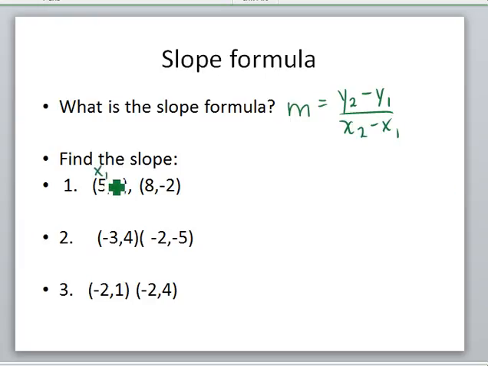So we're going to do x1, y1, and x2, y2. These are always ordered pairs, x comma y, x comma y. But I just denote those as the first ordered pair, this is the second ordered pair. So what this ends up being is I'm going to take y2, which is my -2 value. I'm going to place a minus sign between it because it calls for a minus, and then I'll place 3 here for my y1 value.